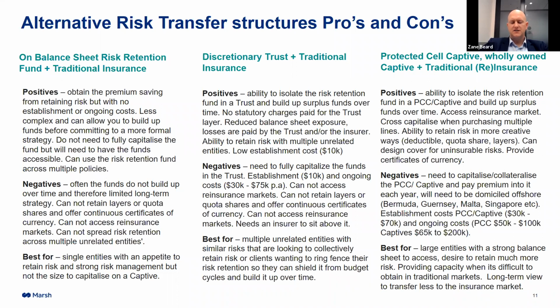So André, we've got a question come through about what do you see as the real key differences between a protected cell captive and a wholly owned captive? Well, of course, the ownership structure is different. That's a key difference. A captive is a wholly owned bona fide insurance company, so a wholly owned 100% subsidiary in an environment that is fully regulated.